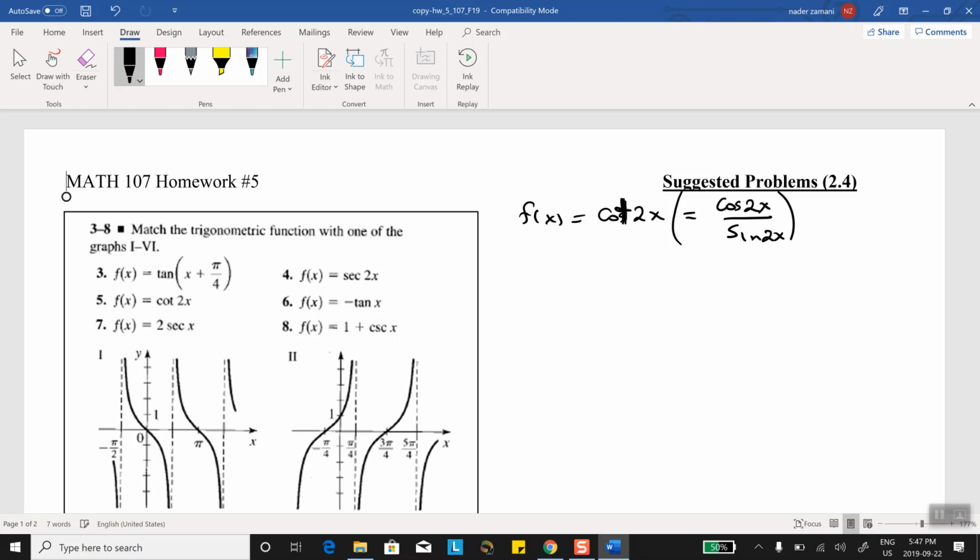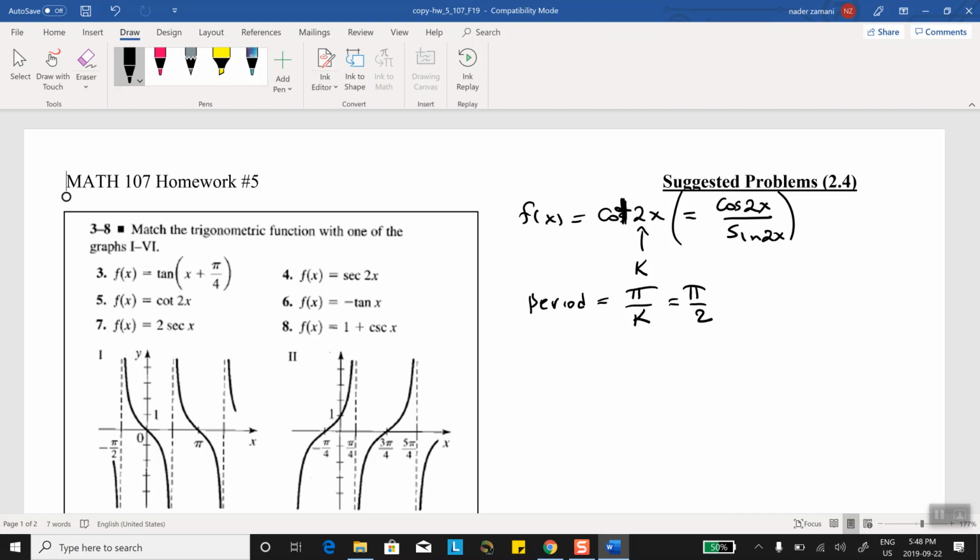Cotangent, right? So the period of cotangent, here's your value k. The period of cotangent is just like tangent, and that is pi over k. Okay, because k is 2, you get pi over 2.